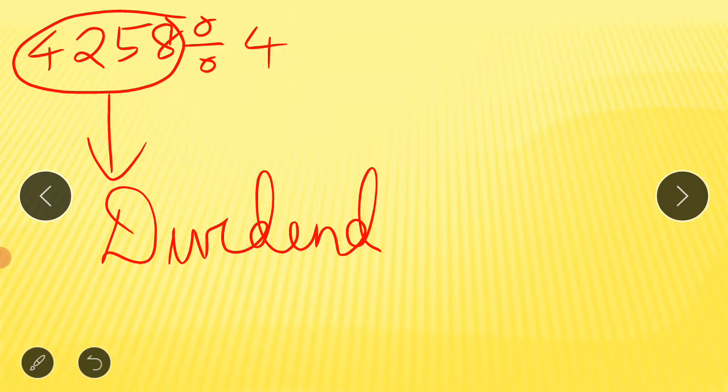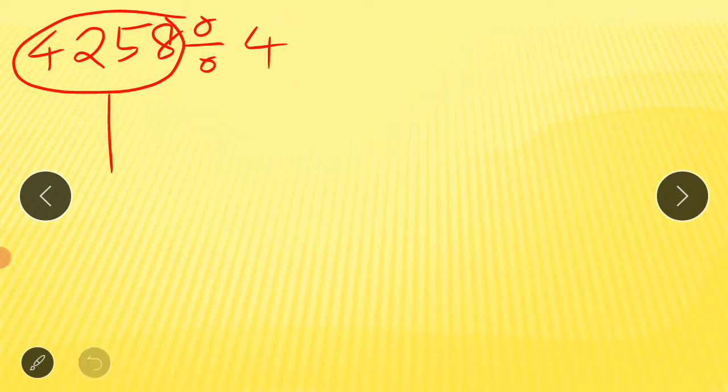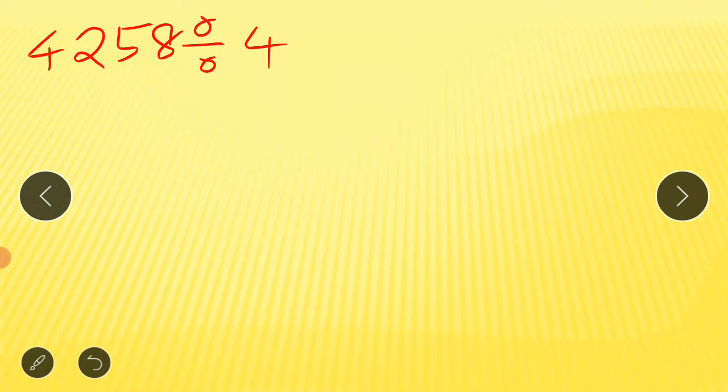So now 4258 is going to be divided by 4. So let's write the 4 table.